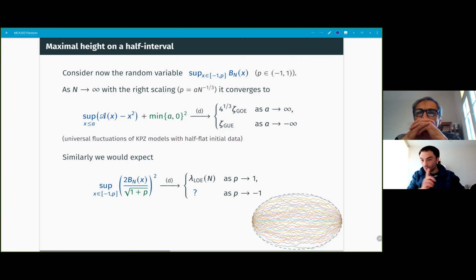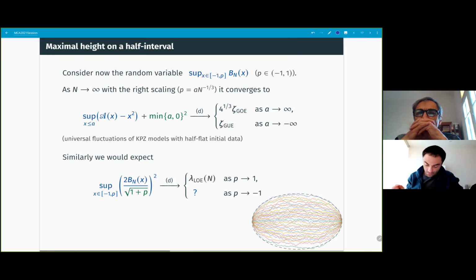As p goes to 1, I'm recovering the previous problem, where I compute the supremum of the whole top path. So I would expect, and of course that's what happens, to get the same Laguerre orthogonal ensemble distribution, which is just the real Wishart matrix.